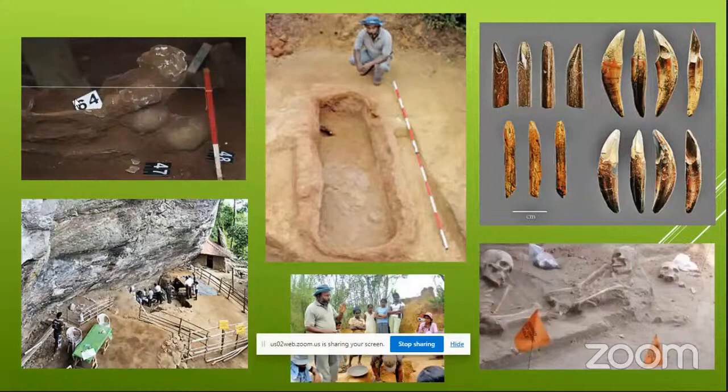The places where early man was living. In those places we have to dig the ground, sometimes a few feet down. Then we will find some evidence. You can see some of the evidence here. Here you can see some skulls that have been discovered. Even these are some of the burials, and these are some of the implements that they have used.